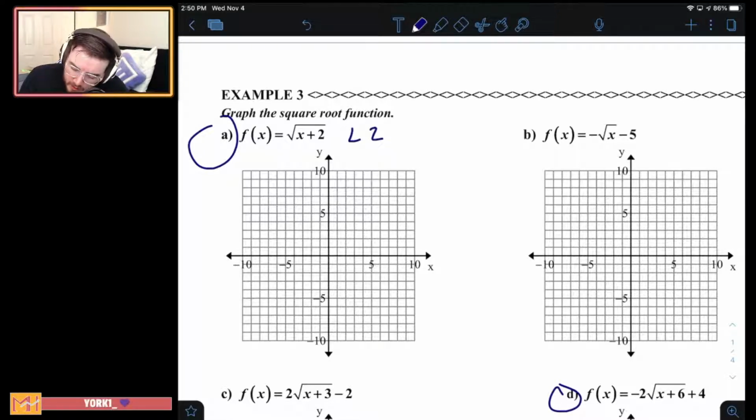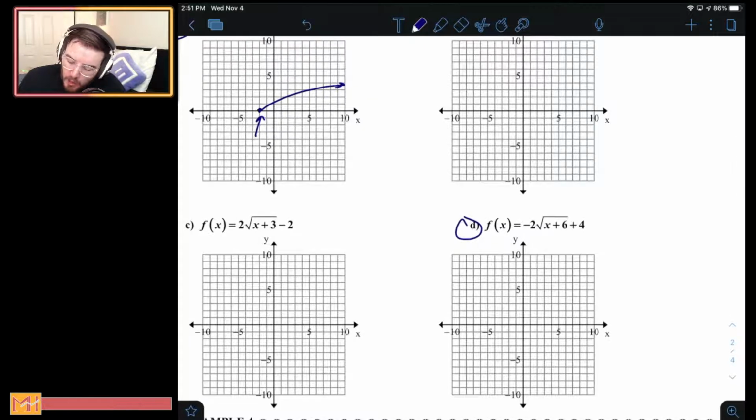So there's the starting point. And then the graph is just going to open upwards because it's positive and it's not stretched or shrunk. So it's just a simple hump like so. Don't overthink the hump. Just please start at the right spot by going left 2 and then do a halfway decent hump.